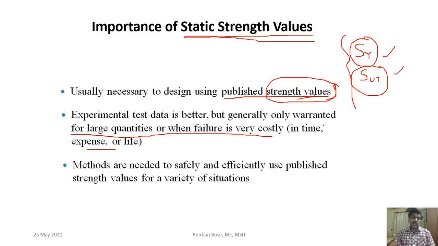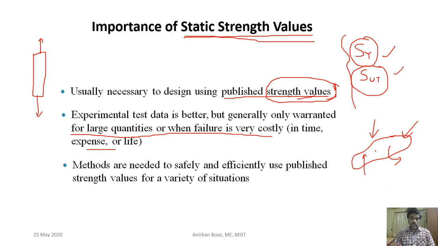That means suppose a component is not a simple component like the tensile test specimen we have used, or the loading may not be so simple like what we have given in a tensile test. The actual component may be very complicated in shape, and the loading can be combined in nature, so different kinds of loading are possible.